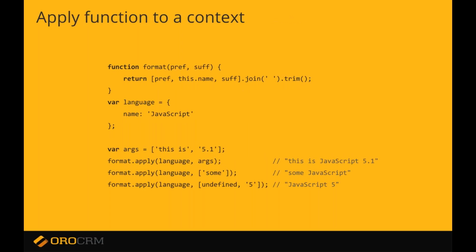It works pretty much the same with apply, but here we wrap our arguments into an array and pass them as the second argument into the apply function. So the first argument is our context for execution, which is an object with the property name. And the second one is an array of arguments that we want to use inside our function.